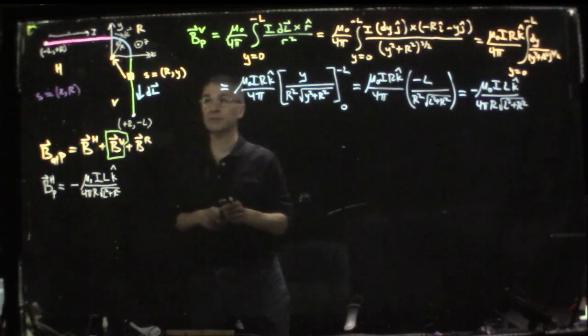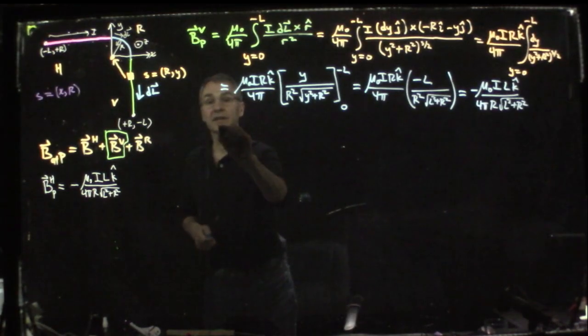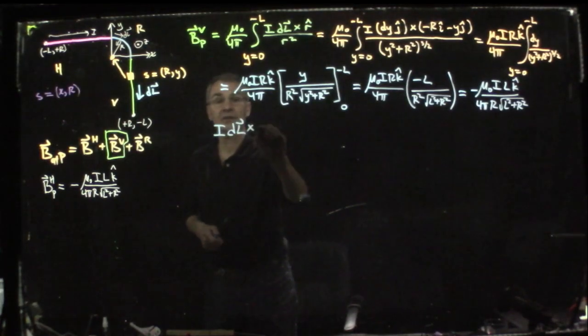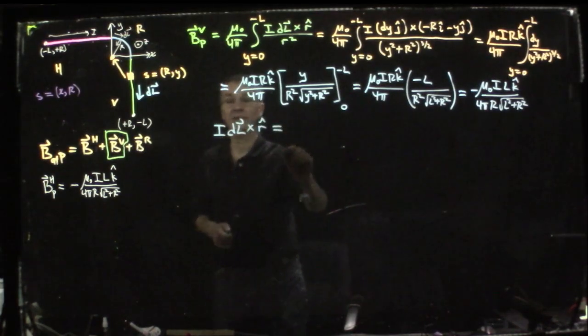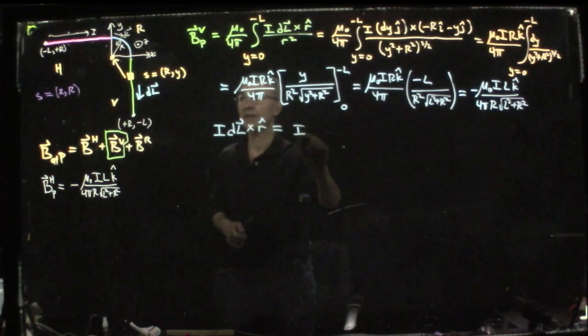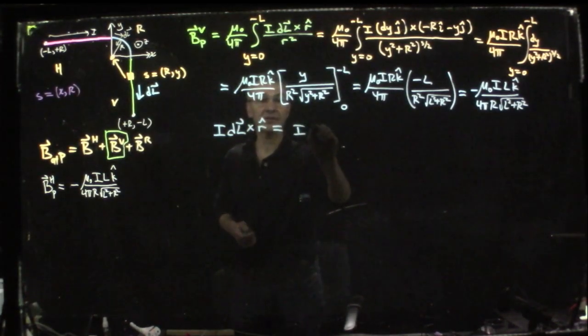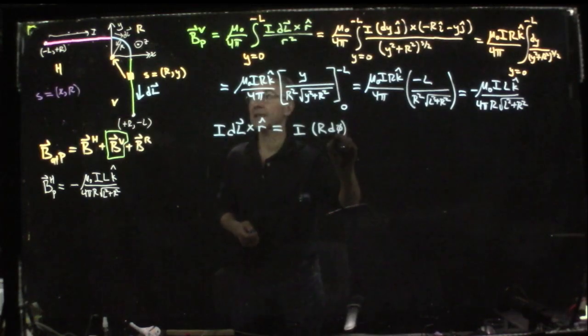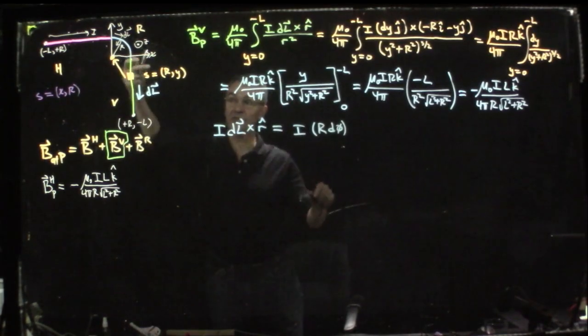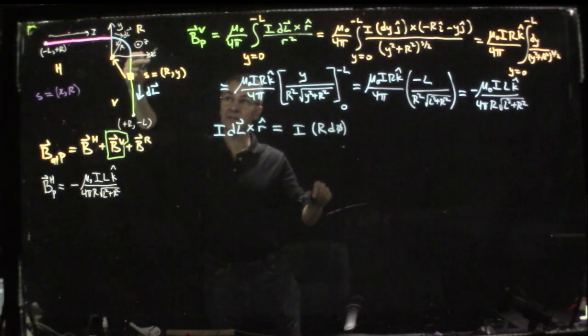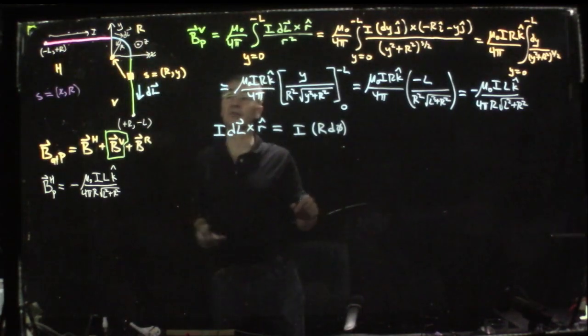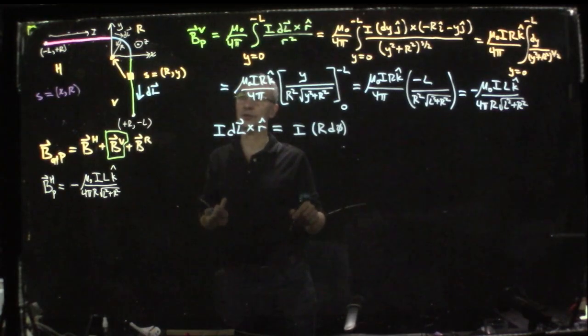So in fact, I dl cross r hat equals, so here's the current, and then dl is basically just like r d phi, and that's going to be in the tangent direction, and the tangent direction is perpendicular to the radial direction for a circular orbit.